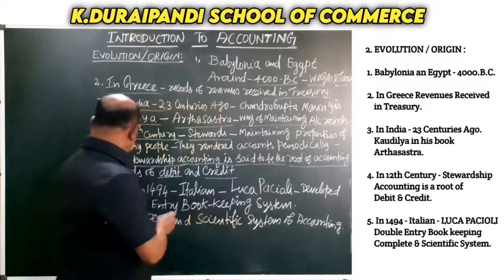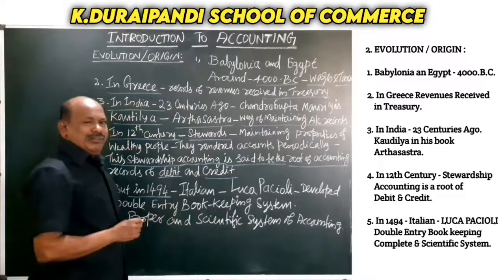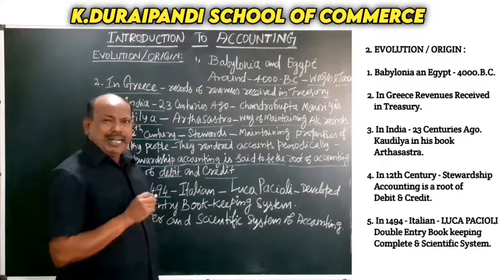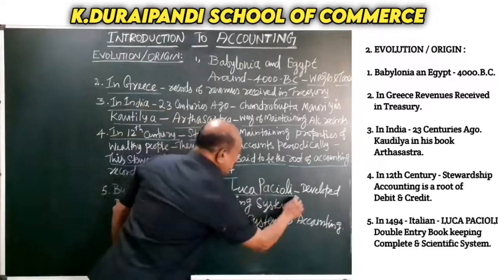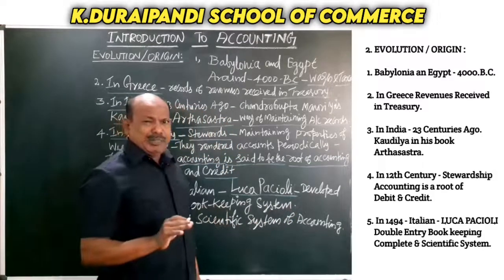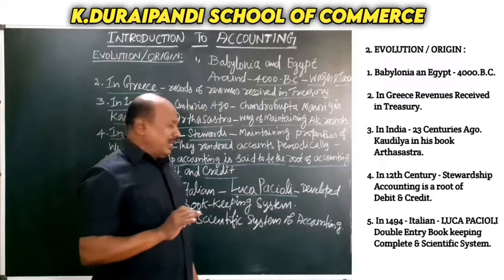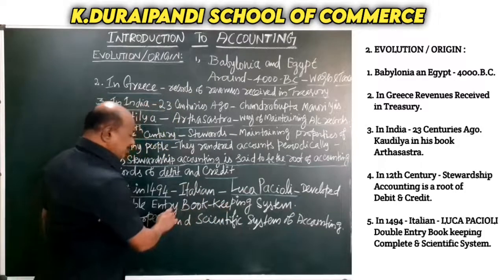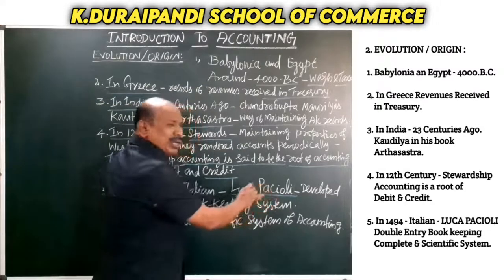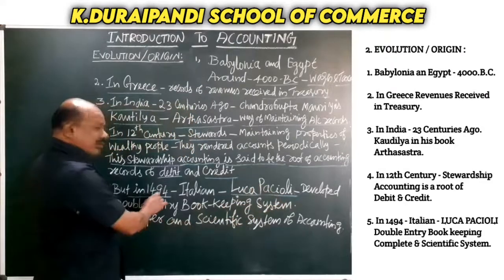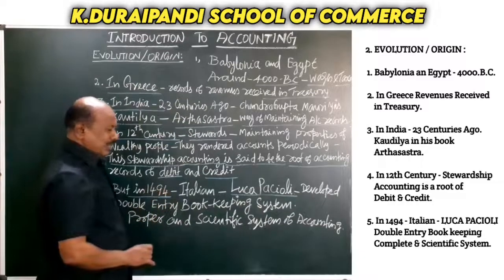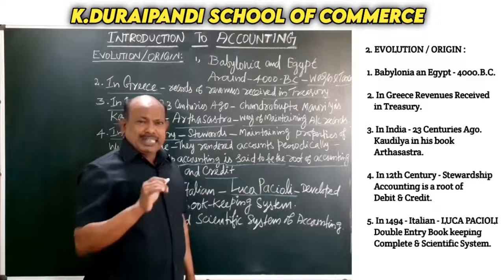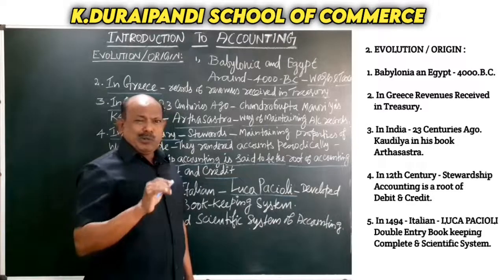But in 1494, the Italian Luca Pacioli developed the double entry bookkeeping system. It is considered a proper and scientific method of bookkeeping.